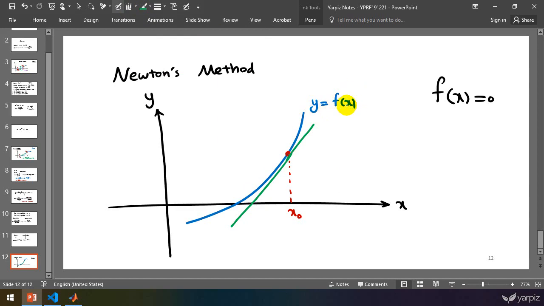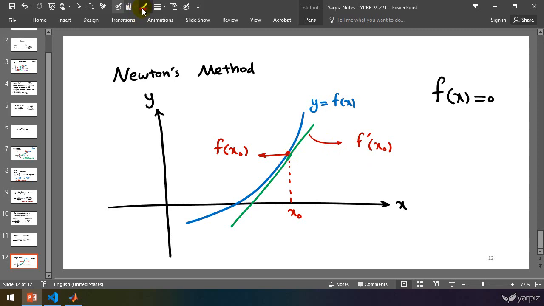What's the 0th order derivative? That's the function value, because it passes through this point. So at this point, if we find the value of y, then we will get f(x0). And if we calculate the derivative of this line, also known as the slope of this line, it will give us f'(x0), the value of the first derivative of the function at this point.